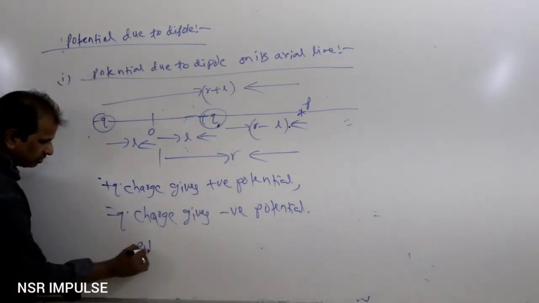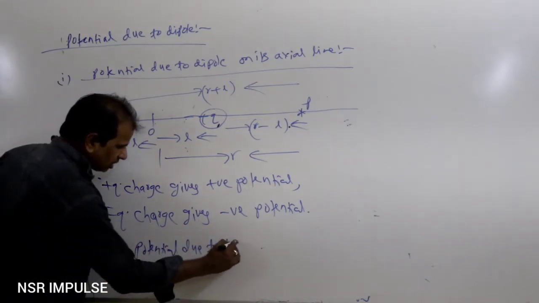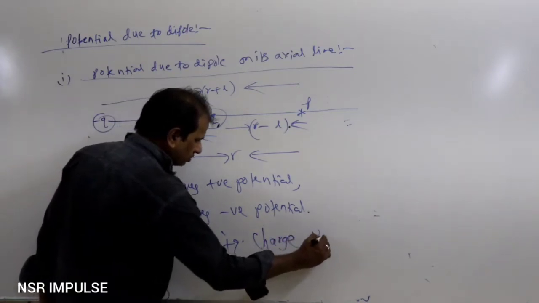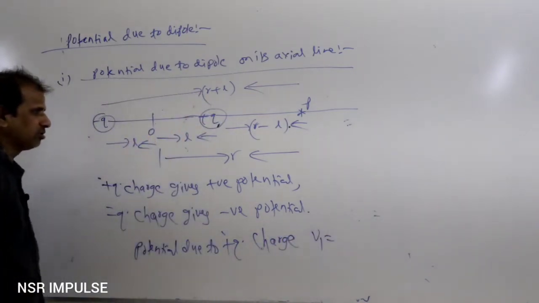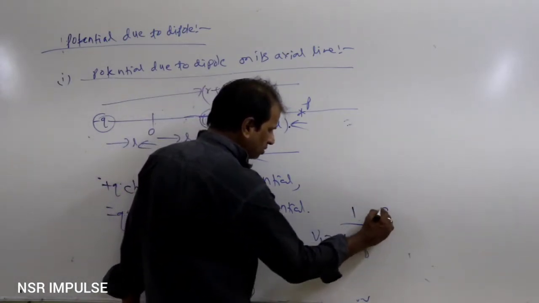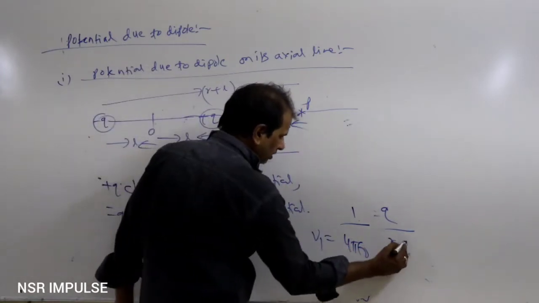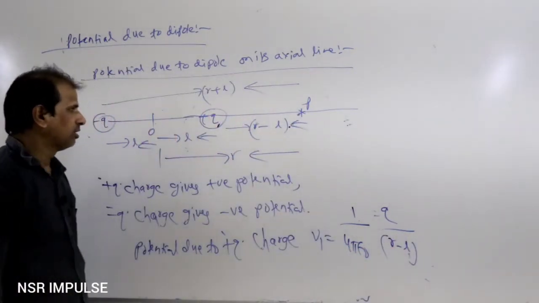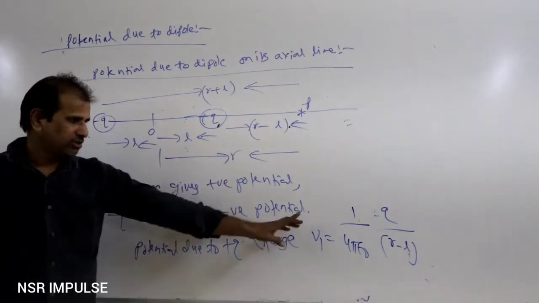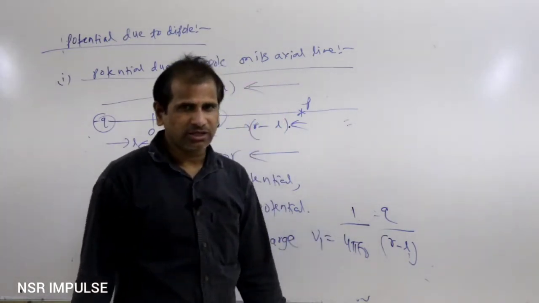So potential due to which charge? Positive charge. Potential due to positive charge, V1, is equal to 1 by 4 pi epsilon naught q by this distance, nothing but r minus L. Distance between positive charge and point P, r minus L. This is the potential formula: 1 by 4 pi epsilon naught q by r minus L.